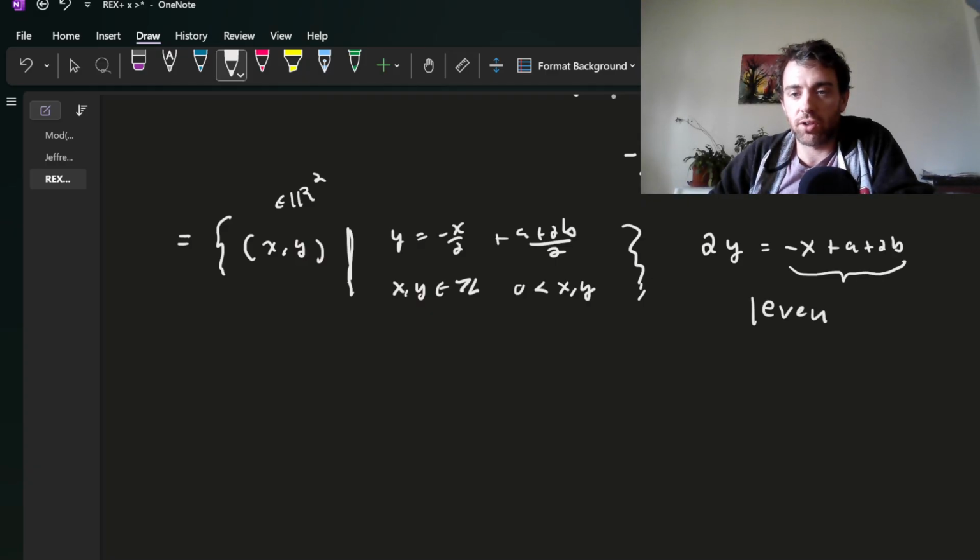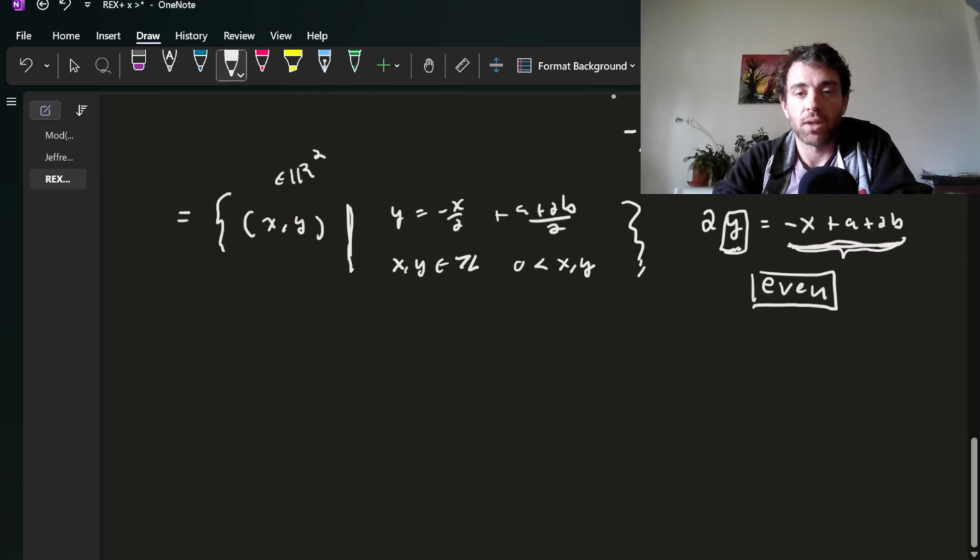Because that means that this is 2 times some integer. And conversely, if this term on the right was 2 times some integer, well, we would just take y to be that corresponding term, right?